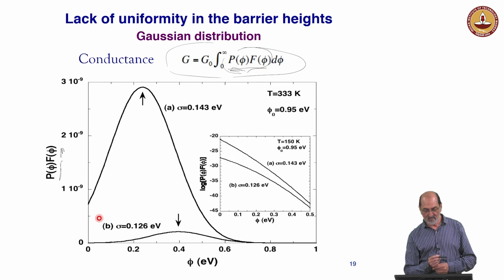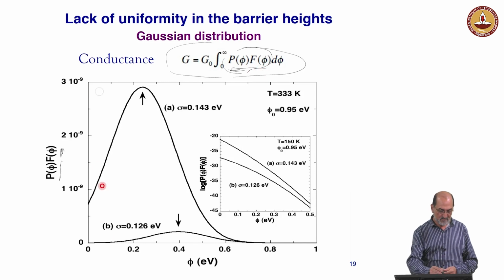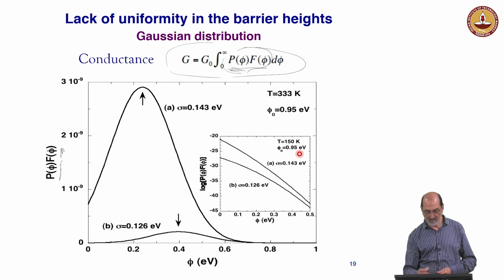Okay, as the temperature goes down, the Fermi-Dirac function decreases more steeply, and so the maximum of this product goes to the left. And in this case, for example, 150, the maximum does not even appear. The maximum is at 0.